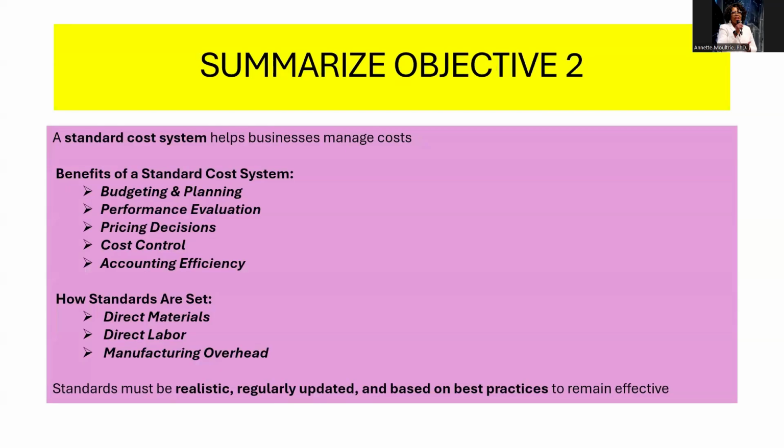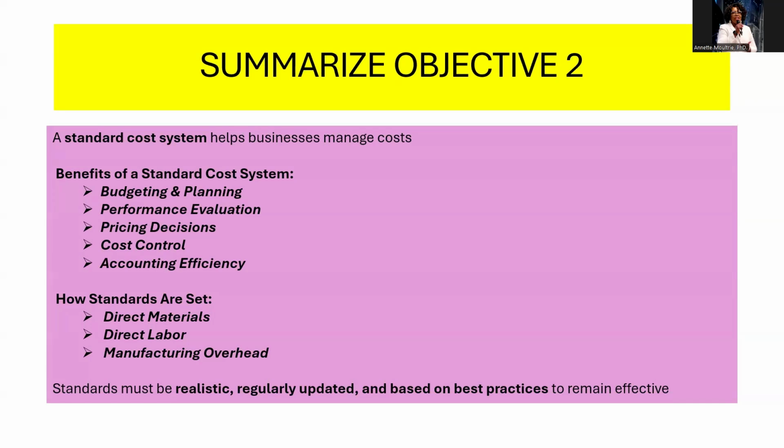Okay, so we're going to summarize objective 2. So we said earlier that a standard cost system helps businesses manage costs by setting expected prices, costs, and usage levels under normal conditions. And some of the benefits of a standard cost system are, 1, budgeting and planning. This area helps in preparing the master budget and setting performance targets. Then you have performance evaluation. It allows managers to compare actual results with standards to identify variances.